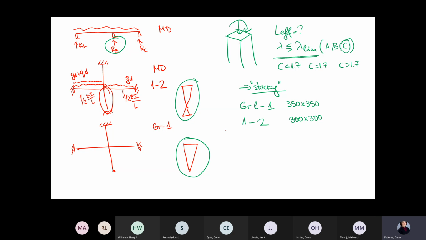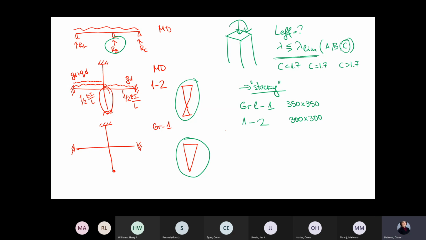Usually, the dimensions of the columns remain the same for at least 2 floors, but in this example, we have more freedom to change the dimensions of the column. Okay, if it so happens that you find that your column is slender, theoretically, you could design it as a slender column, but I would recommend to stick to a stocky column.